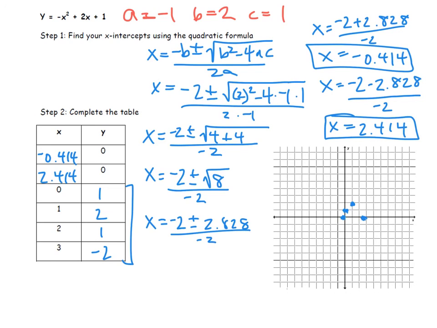And we have 2, comma 1. And lastly, we have 3, comma negative 2. All right, so we can again see our parabola taking shape here, like so.